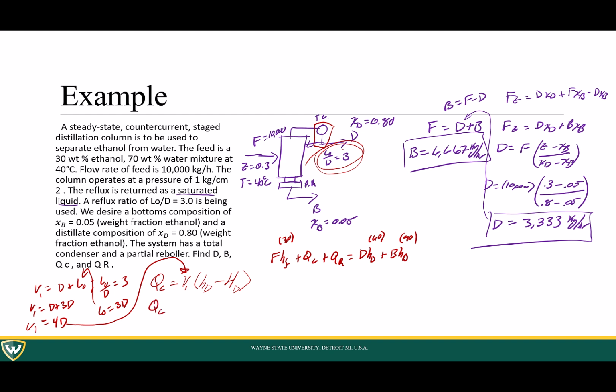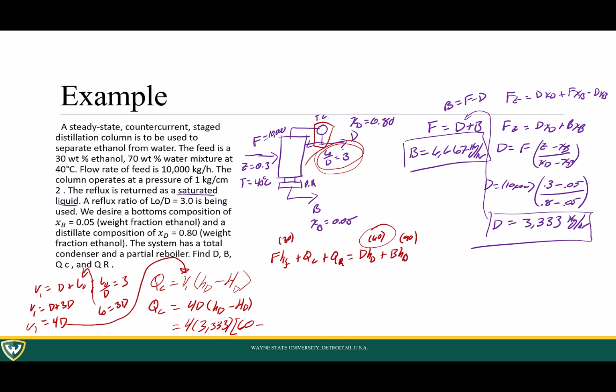So we know that the duty from our condenser is going to be equal to 4D times the change in our enthalpy of D minus our enthalpy in gas phase. We have our enthalpy of D right here, 60. So this is equal to 4 times our distillate flow rate, 3,333, times 60 minus whatever our enthalpy is.